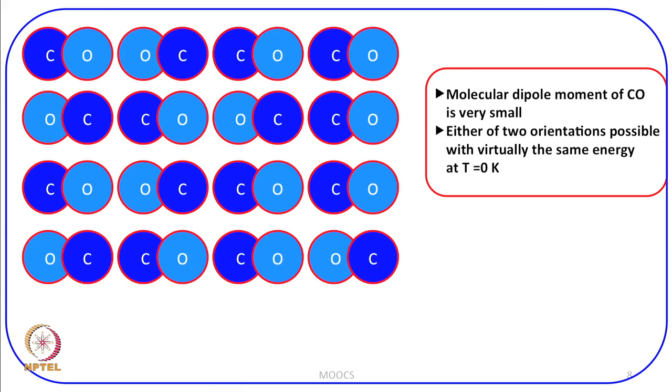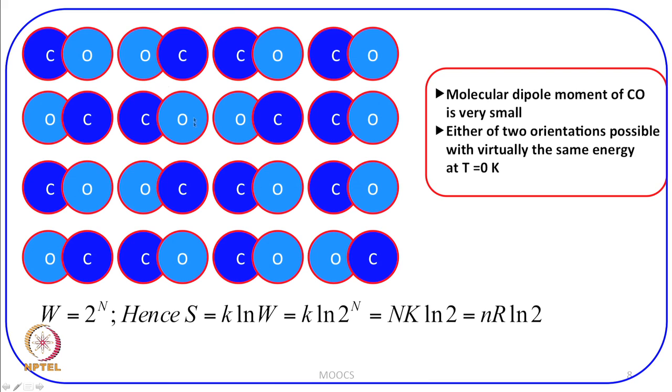If two orientations are possible for one molecule, and if there are n molecules, then the total number of orientations possible is 2 raised to the power n. For W, if you substitute 2 raised to the power n, then n comes down, you have nk log 2.